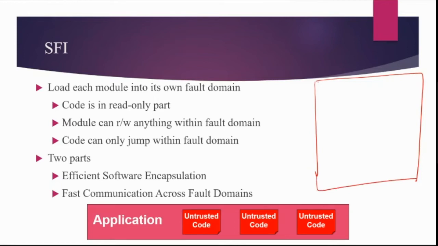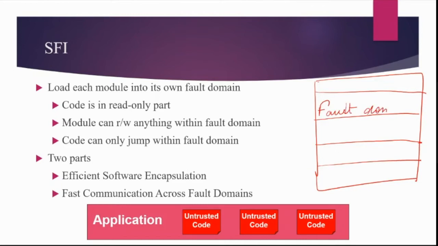We have a memory segment, with some memory addresses, and this memory portion is divided into fixed-size segments. These segments are called fault domains: fault domain 1, fault domain 2, and so on. Each has its own segment number.